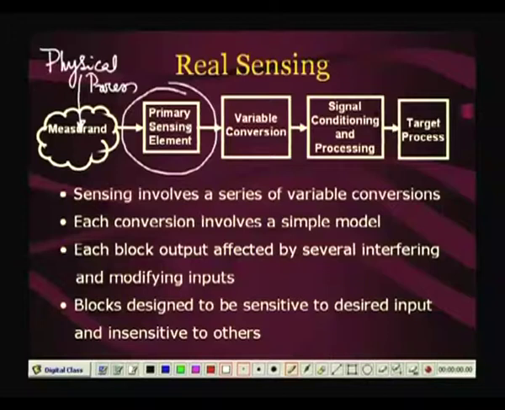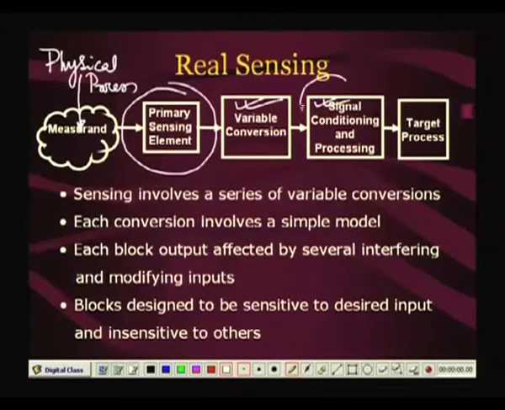For example, if you have resistance temperature detectors, then temperature produces a change in resistance which needs to be converted to other forms, like for example that resistance has to be put into a circuit to produce voltage. So, this primary sensing element goes through a series of variable conversions, and after that may go for various signal conditioning and processing units by which the form of the signal is improved.